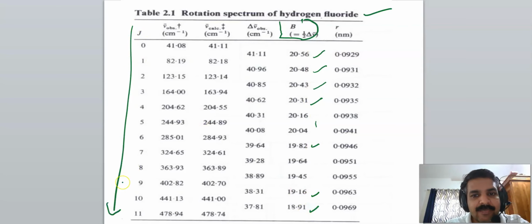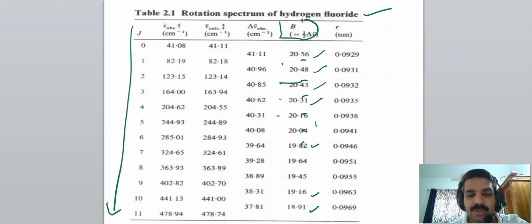With increasing J value, we expect B to be constant in the rigid rotor approximation, but here we can see that B gradually decreases with increasing J value. This proves that the rigid rotor is only an approximation.